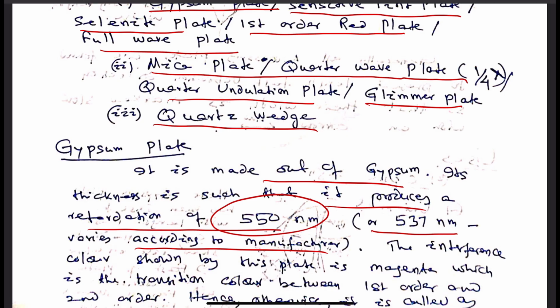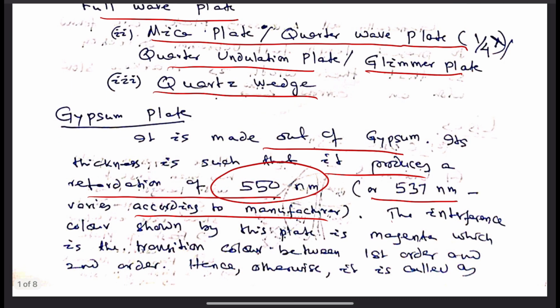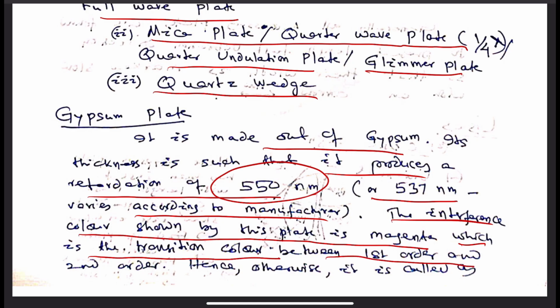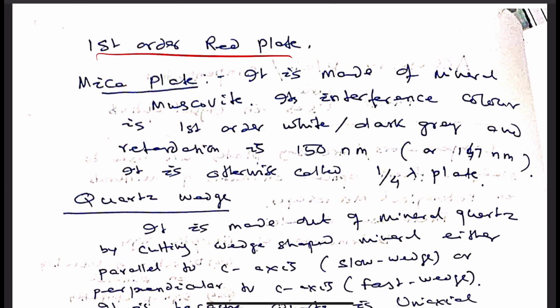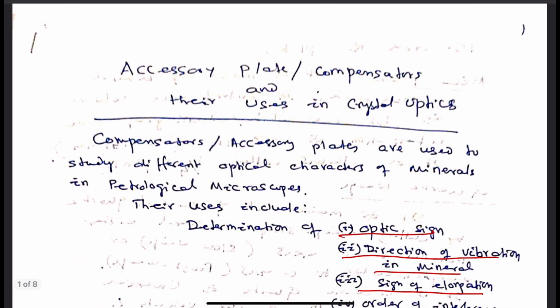One wavelength is equal to 550 nanometer. The interference color of the gypsum plate is magenta, which is the transition color between the first order and second order. Therefore, it is otherwise called the first order red plate, because red occurs at the end of each order. So between first order and second order we have the red color.